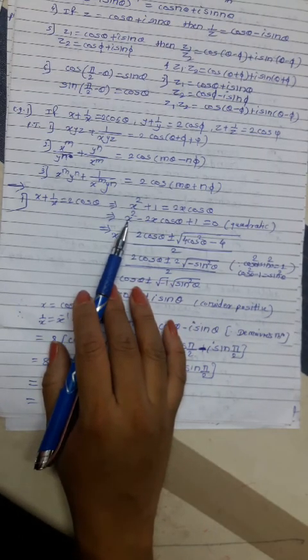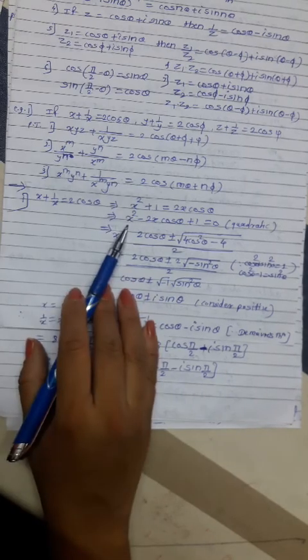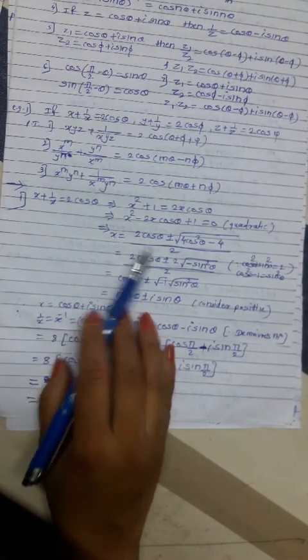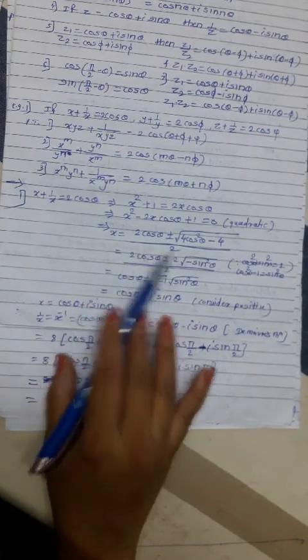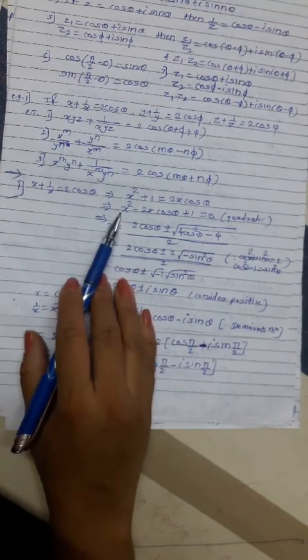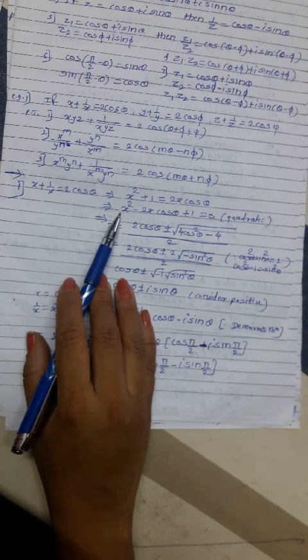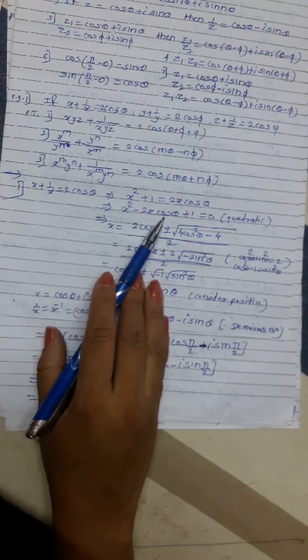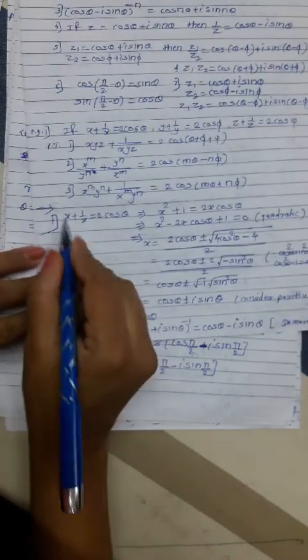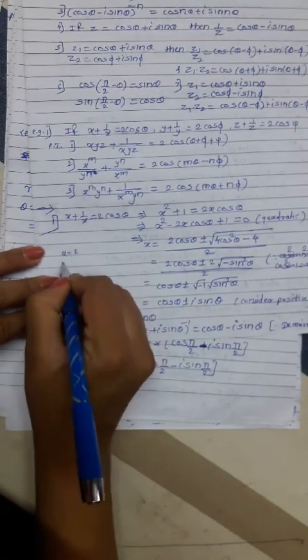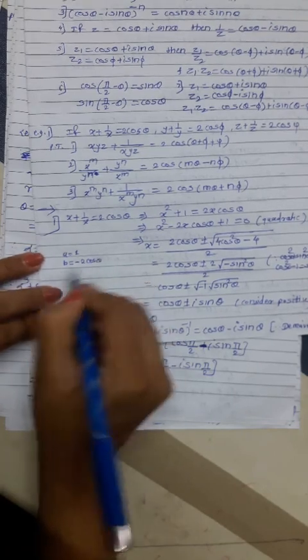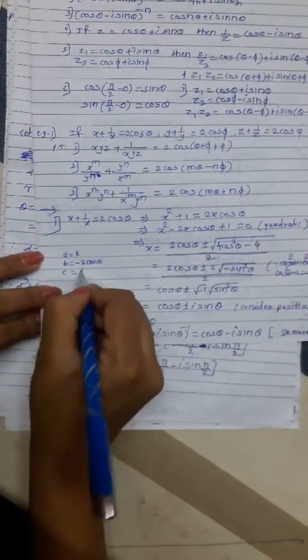And what is our aim? To find x. That's why we have to solve this equation by using the formula minus b plus or minus square root of b square minus 4ac, upon 2a. Here a is 1, b, the coefficient of x, is minus 2 cos theta, and c is 1.